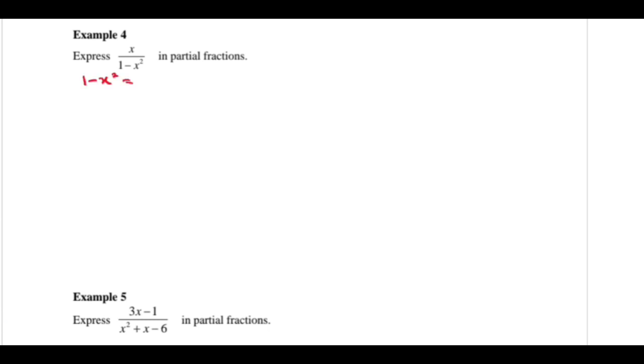Now, look at your denominator. So this is 1 minus x squared. You can just press your calculator, or you can also factorize this by using the formula a squared minus b squared equal to a minus b times a plus b.